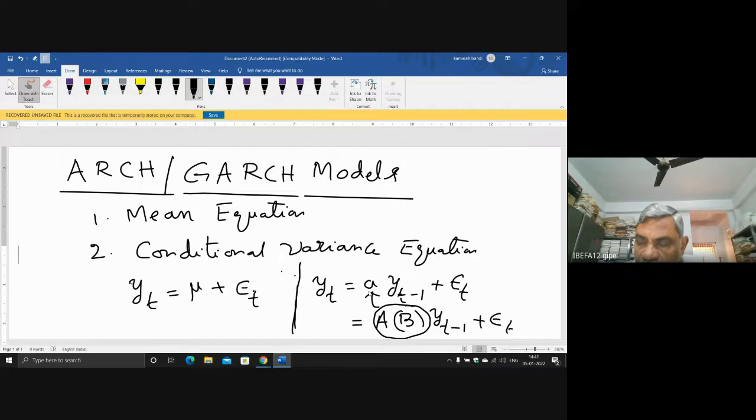But you can as well have the autoregressive dependence spanning across higher lags like lag 2, 3, 4, etc. But these are somewhat more complicated. So to introduce the mean equation, the simplest form is y_t equals mu plus epsilon_t.